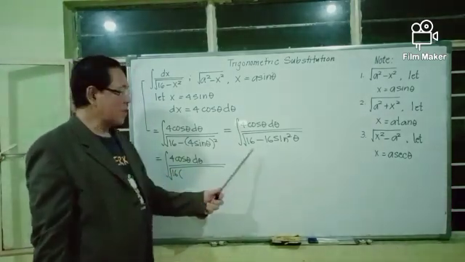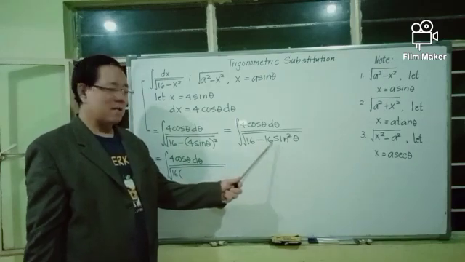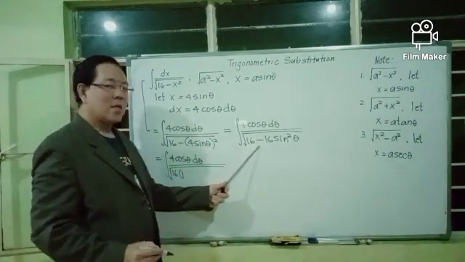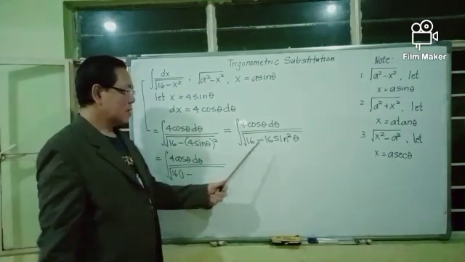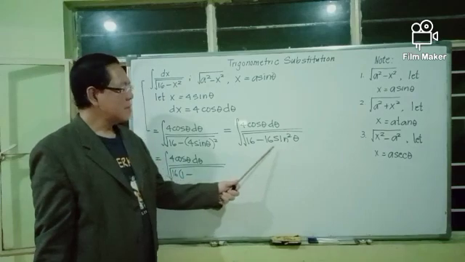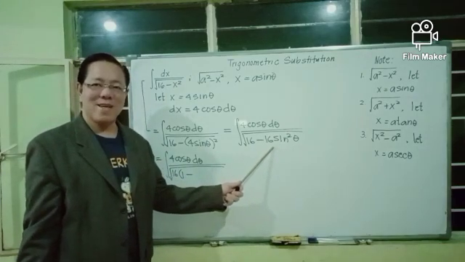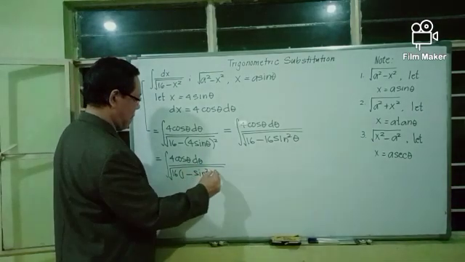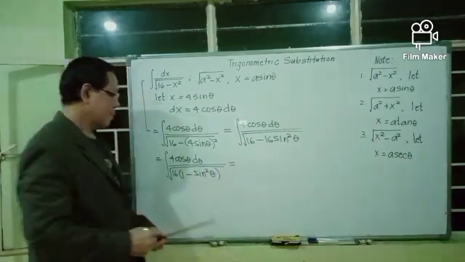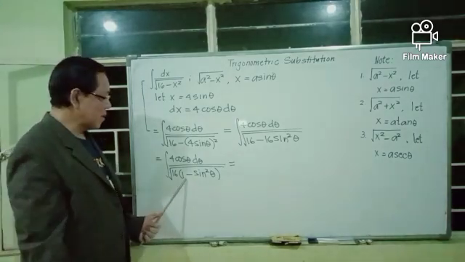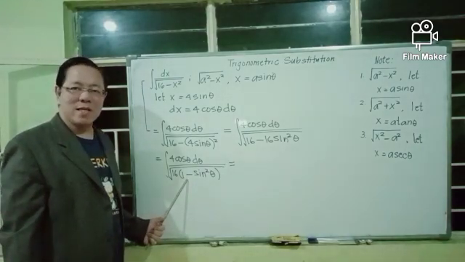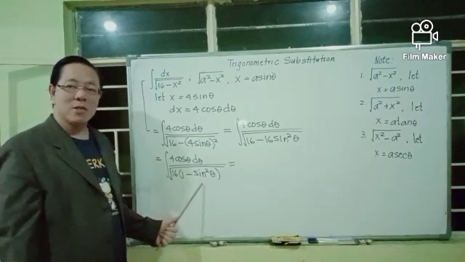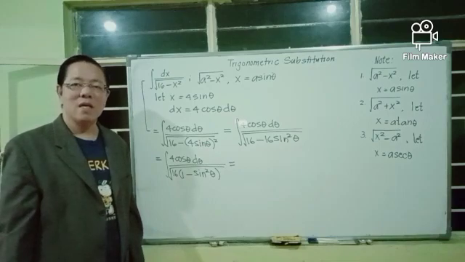And the other factor we obtain by dividing each of these terms by 16. 16 divided by 16 is 1, minus 16 sine squared theta divided by 16 is sine squared theta. And to simplify further, we make use of trigonometric identity, in particular, one of the Pythagorean identities that says sine squared theta plus cosine squared theta is equal to 1.